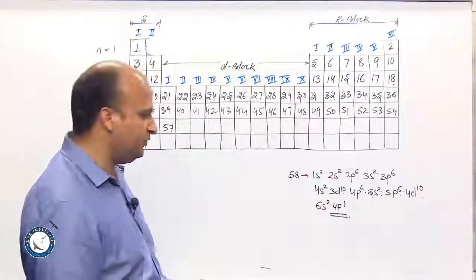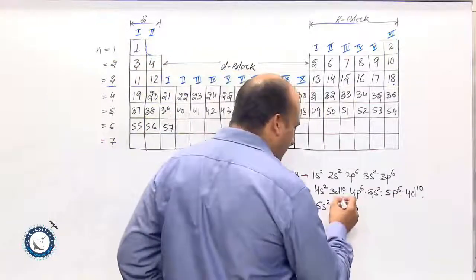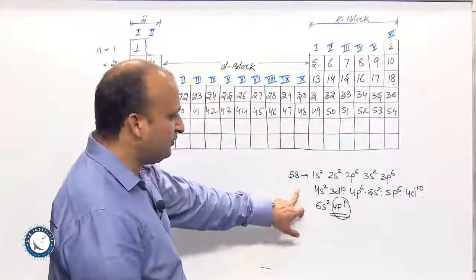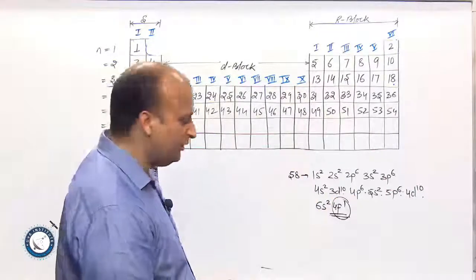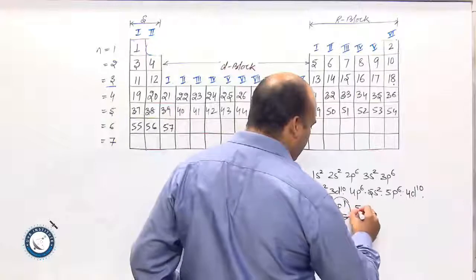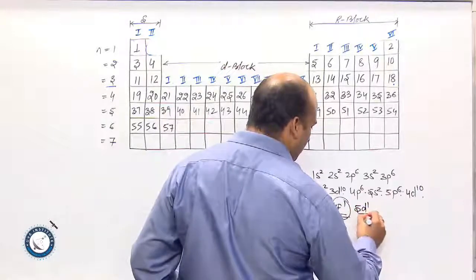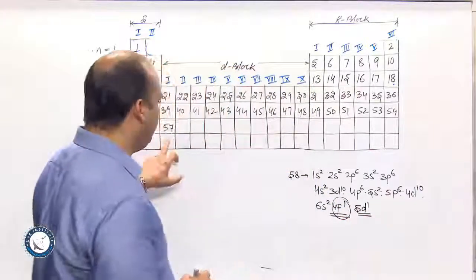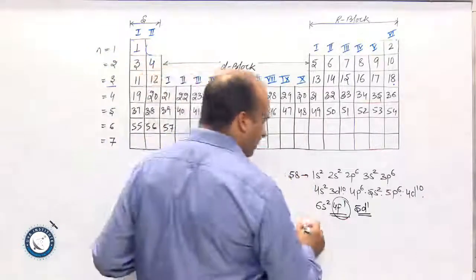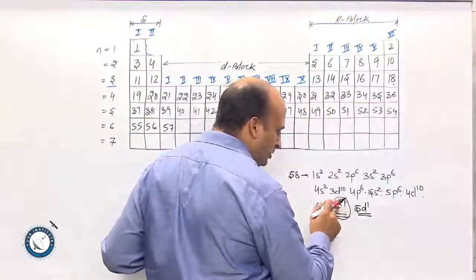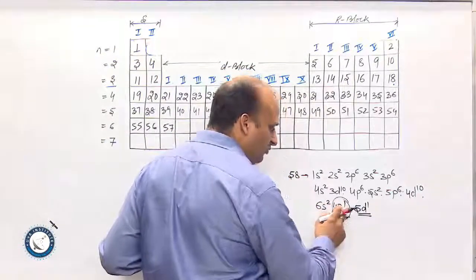Over here there is a small exception. 57 we don't simply give to 4f. First we go to 5d and we write 5d1. 5d1 is for 57. When I say 58, it becomes 5d1, 4f1.